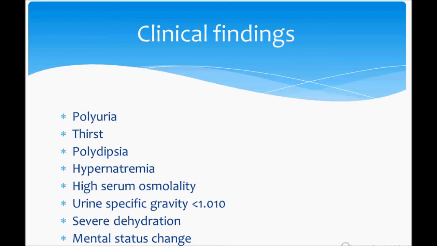You find hypernatremia because when there is no ADH, the water is lost, so the sodium level increases due to concentration. High serum osmolality, the same mechanism as I told before for hypernatremia. Urine specific gravity will be low because more water is lost through the urine, and the patient sometimes can present with dehydration, mental status changes.